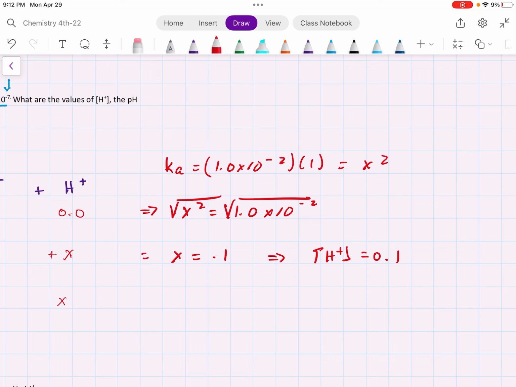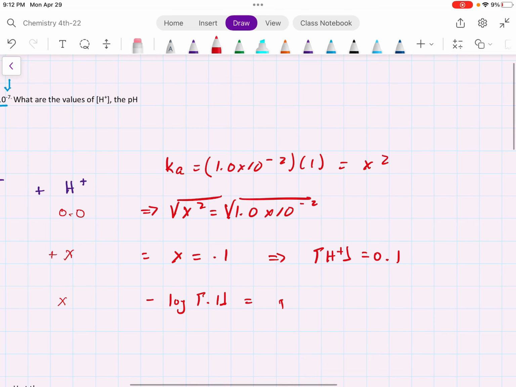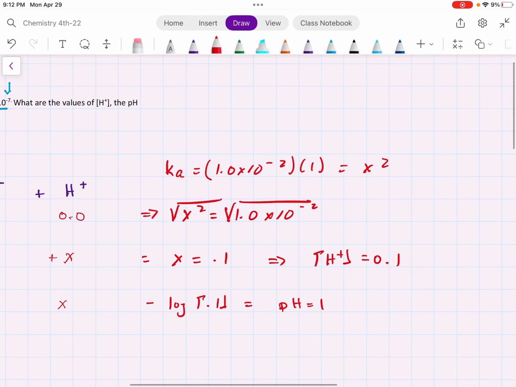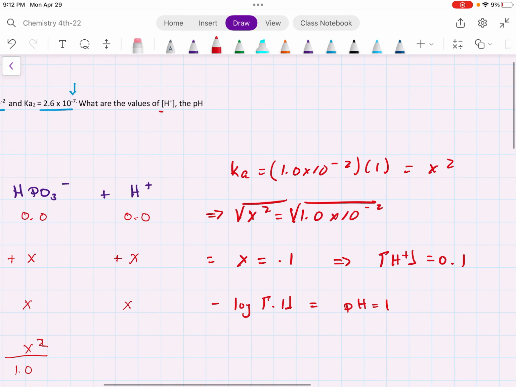If we take the negative log of 0.1, then we end up with a pH equal to 1. So there's our pH. One of the questions was asking what is the concentration of hydrogen. That's right here. And then the other question was asking for the pH, and the pH is right here.